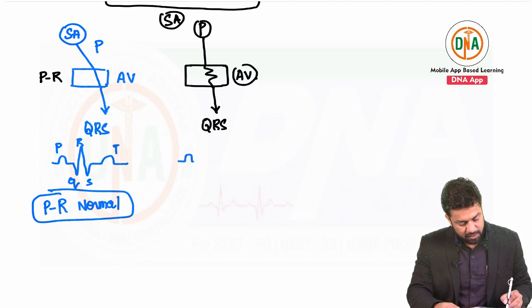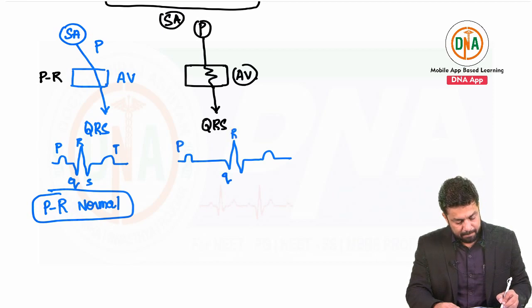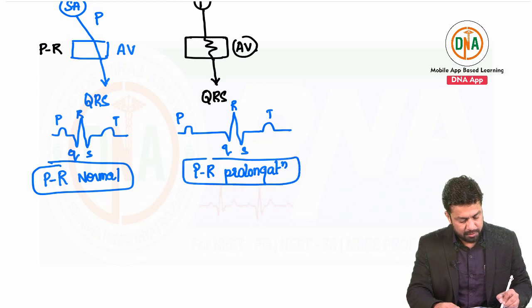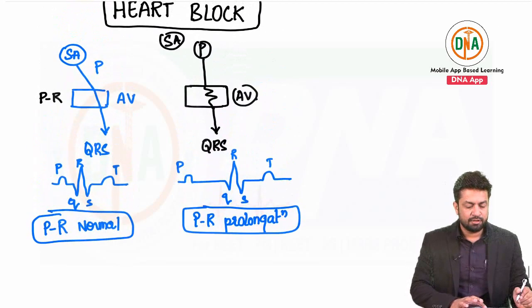So you have a P wave and there is a delay occurring in the AV node, and because of this the person is having a PR prolongation.